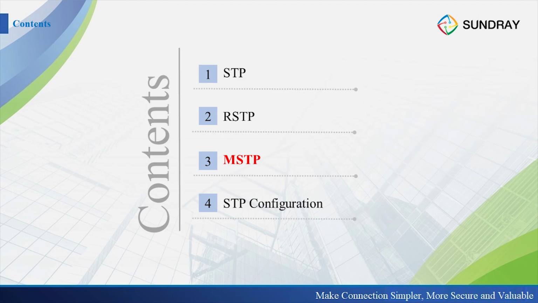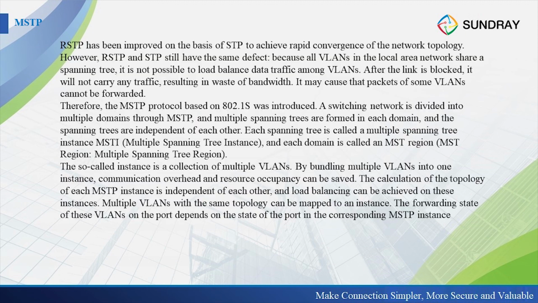The next is the multiple STP. RSTP has been improved on the basis of STP to achieve the rapid convergence of the network topology. But actually, there is another problem not solved. It's about the VLAN. Because for STP and for RSTP, all the VLANs just run in one STP.